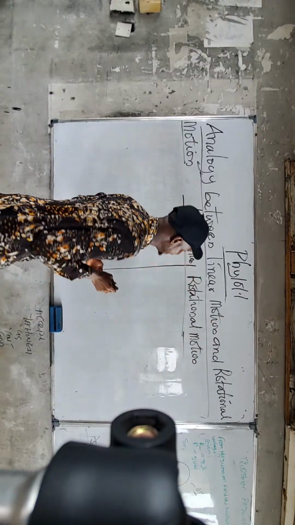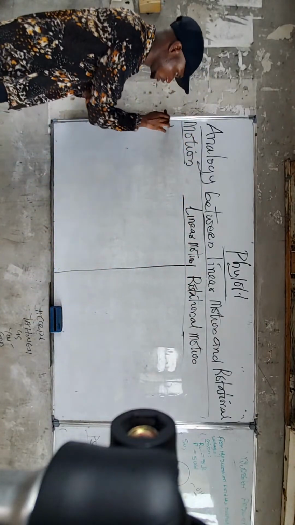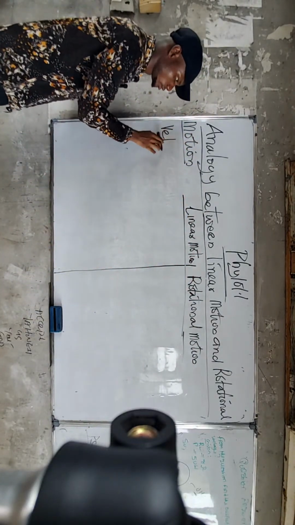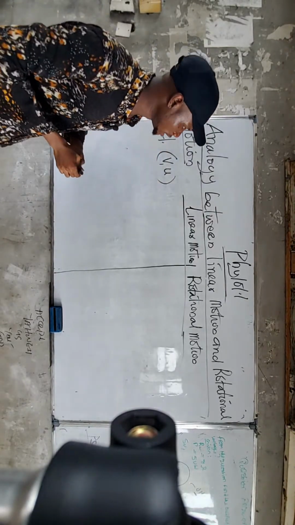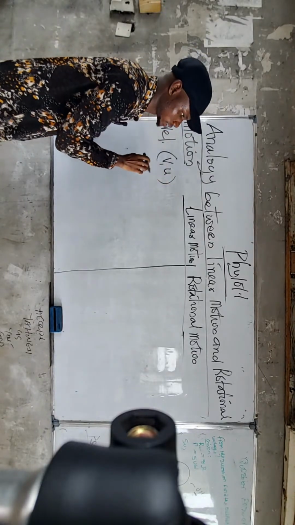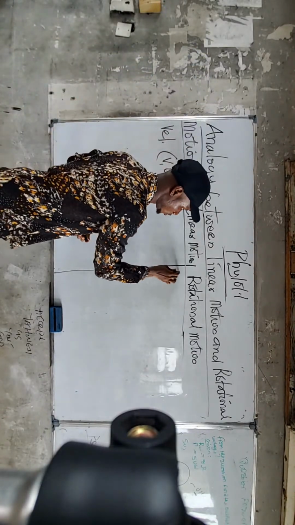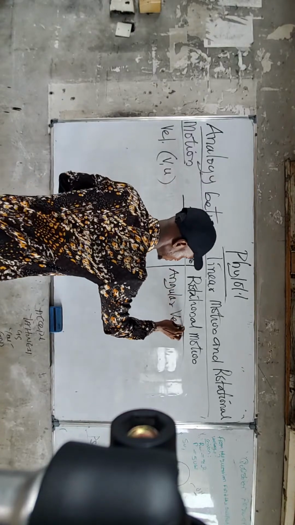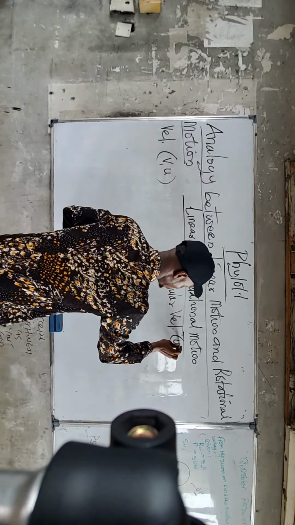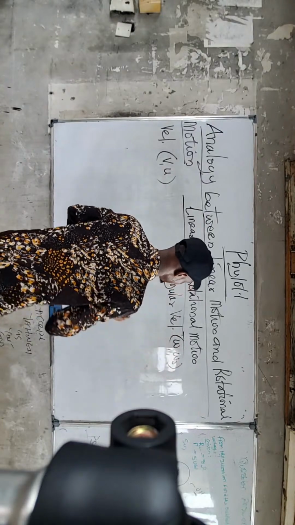Okay. In linear motion here, we call it velocity, and we use V or U to represent this. While in rotational motion here, class, we call it angular velocity, and we use omega or omega naught. Please take note.